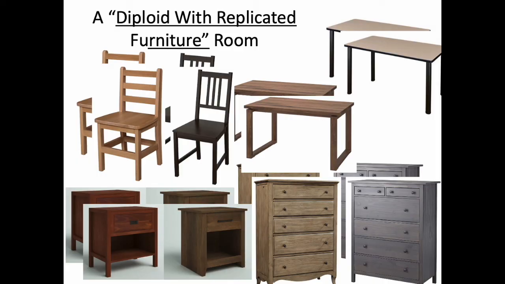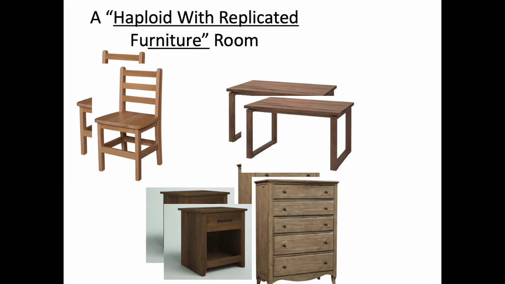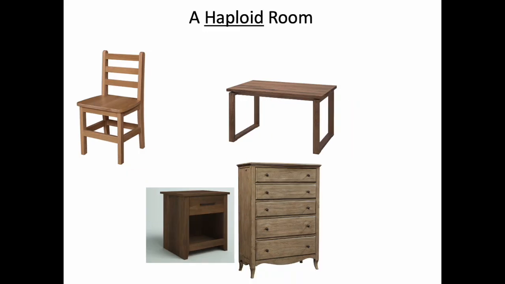After meiosis I and that first cytokinesis, that left us with a haploid room with replicated furniture. We only had one of each type of furniture, but we had 2 copies of it. And by the time we have finished meiosis II and the cytokinesis that comes after that, we have a truly haploid room.